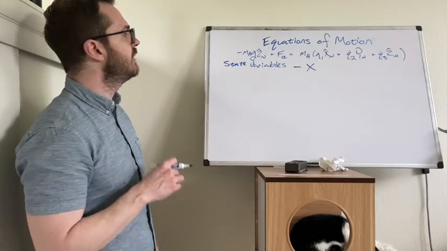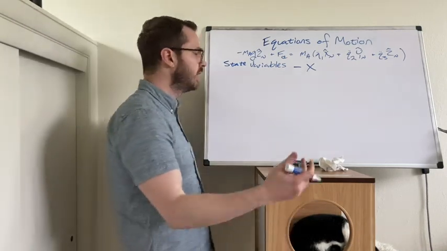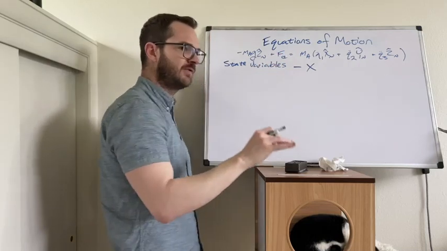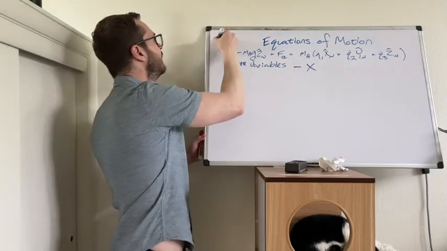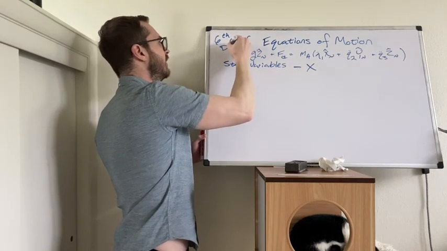Now, how many state variables do we need? A moment ago, I told you that this equation was 6th order. This is a 6th order differential equation.